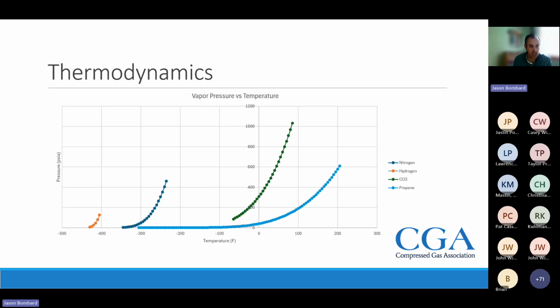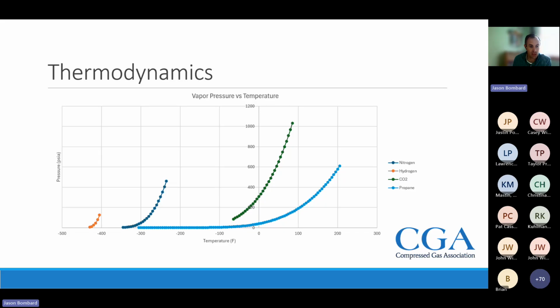And anything to the right of this curve is going to be a gas. Anything to the left is going to be a liquid. So you can see that propane is a liquid at a much higher temperature than, say, carbon dioxide or nitrogen or hydrogen. The very cold.